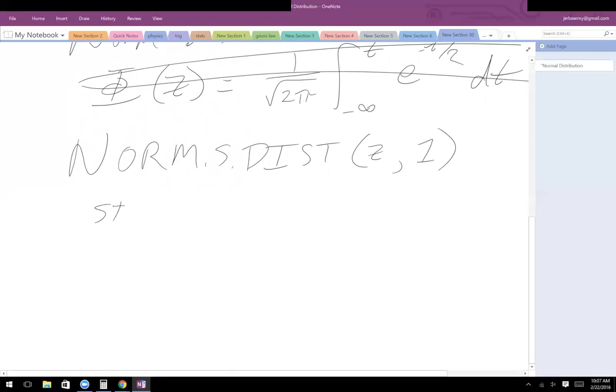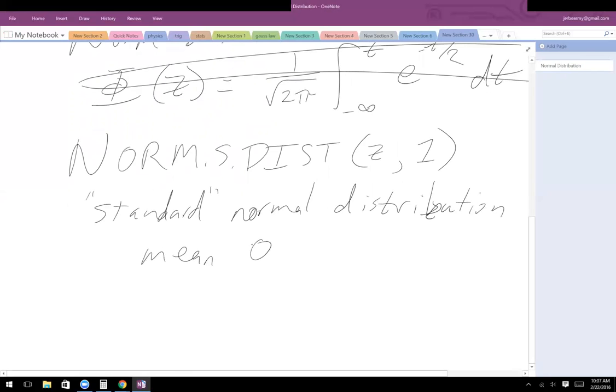Standard, when you see that word, just means the mean is 0 and the standard deviation is 1.